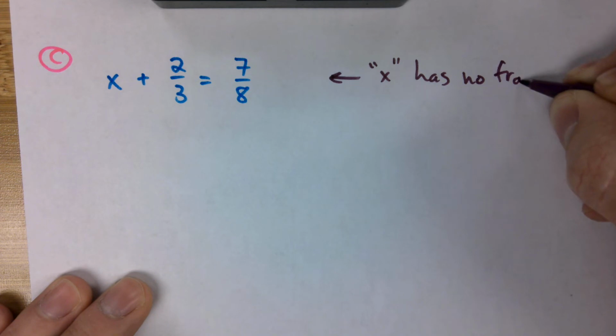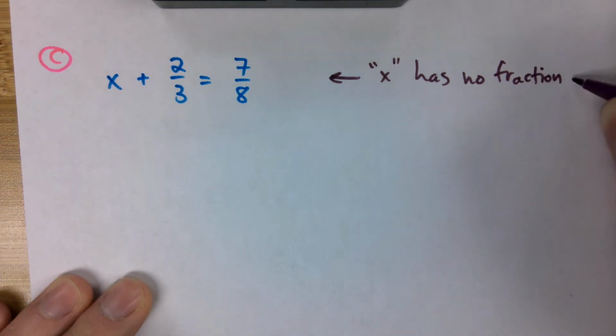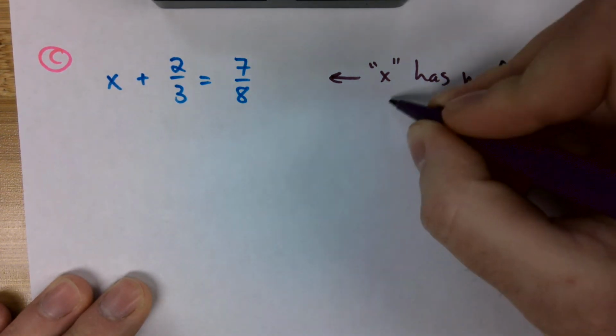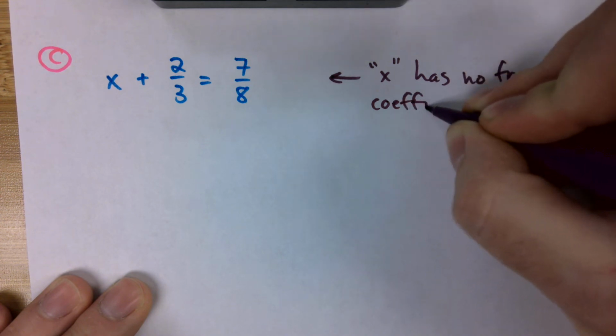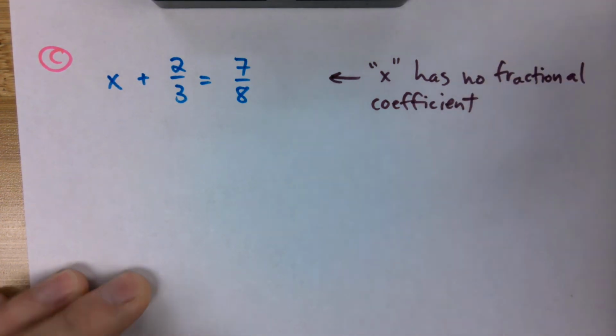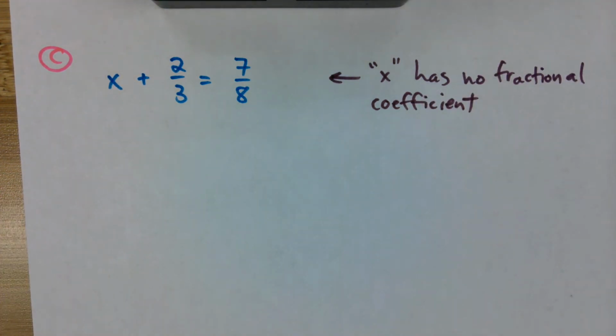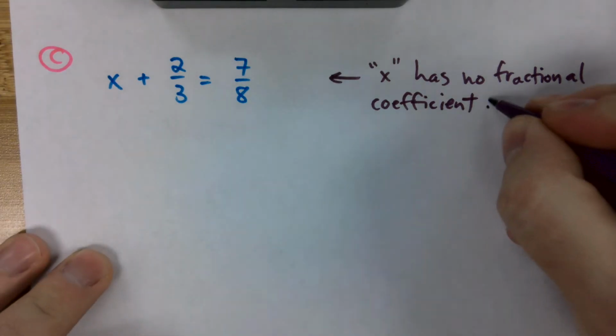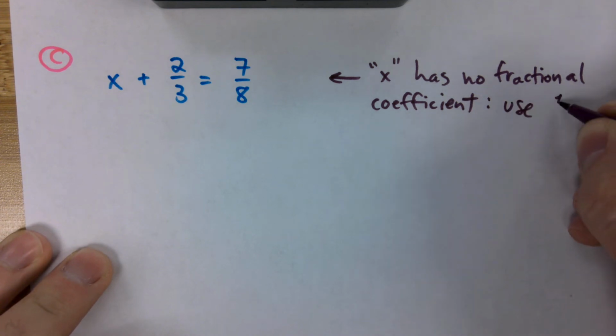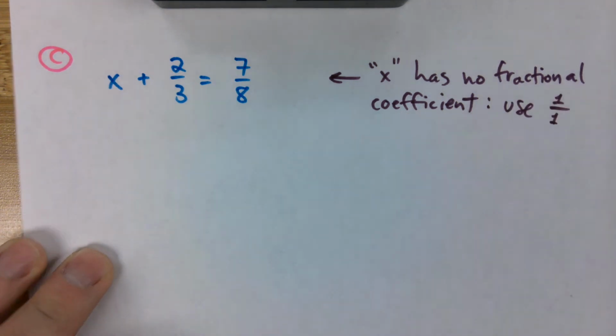x has no fractional coefficient. What number can we put in front of x as a fraction, though, just so we have a fraction in front to use? 1 over 1.